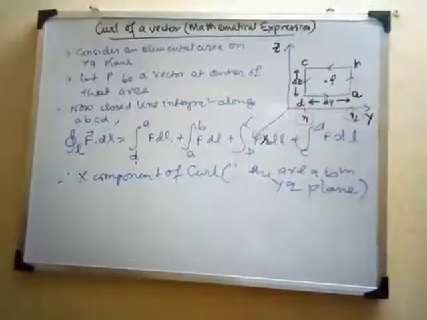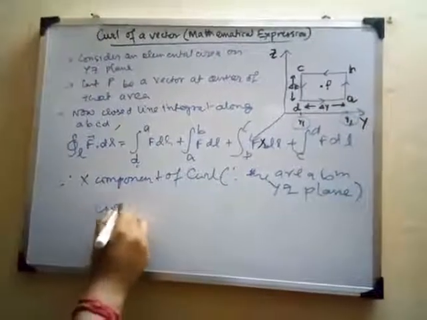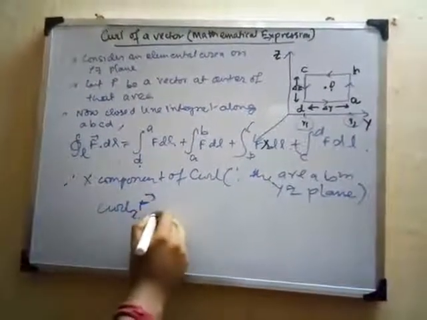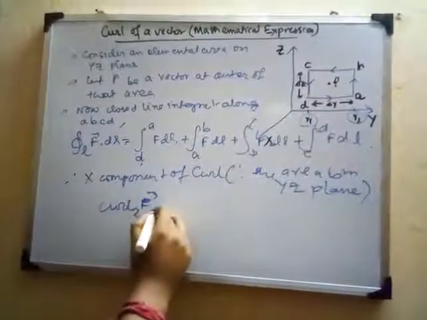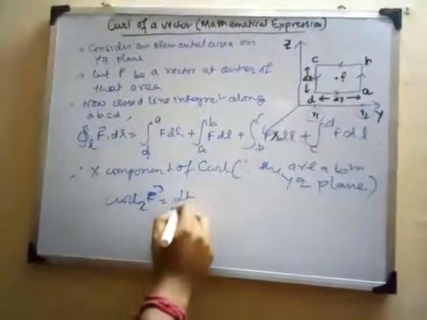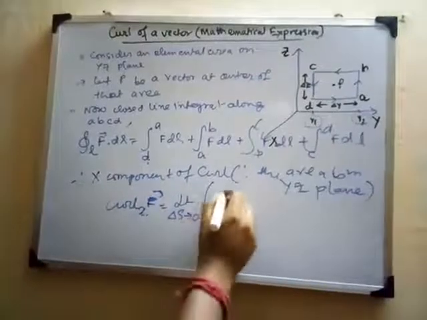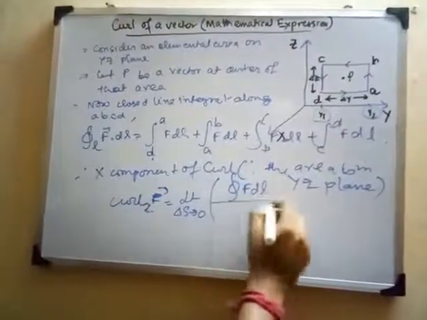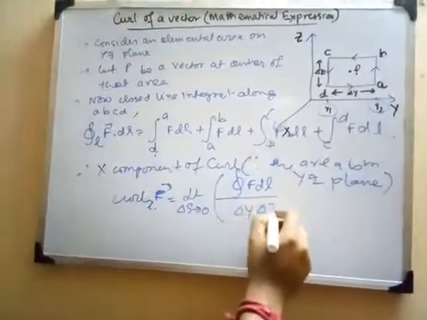So we will simply write the curl of f in the x direction as the limit, del s tends to 0, of the surface integral of f·dl divided by del y del z.